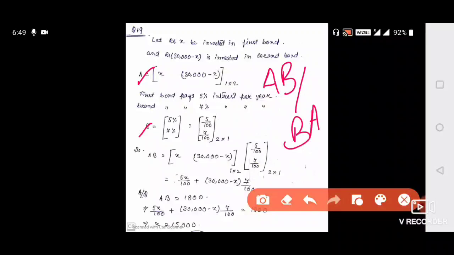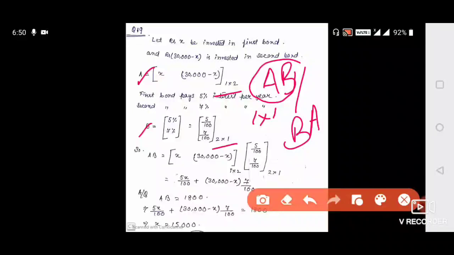For that, see, A is a matrix of order 1 by 2 and B is a matrix of order 2 by 1. If we find AB, then it will be of order 1 by 1. 1 by 1 means one row, one column. That means if we find AB, we will get a single element, and we will write the single element alone without the symbol of matrix.